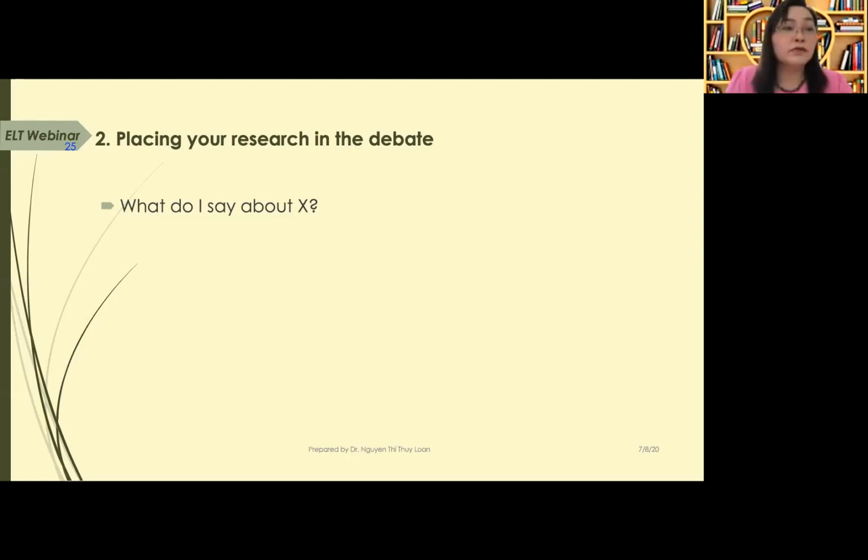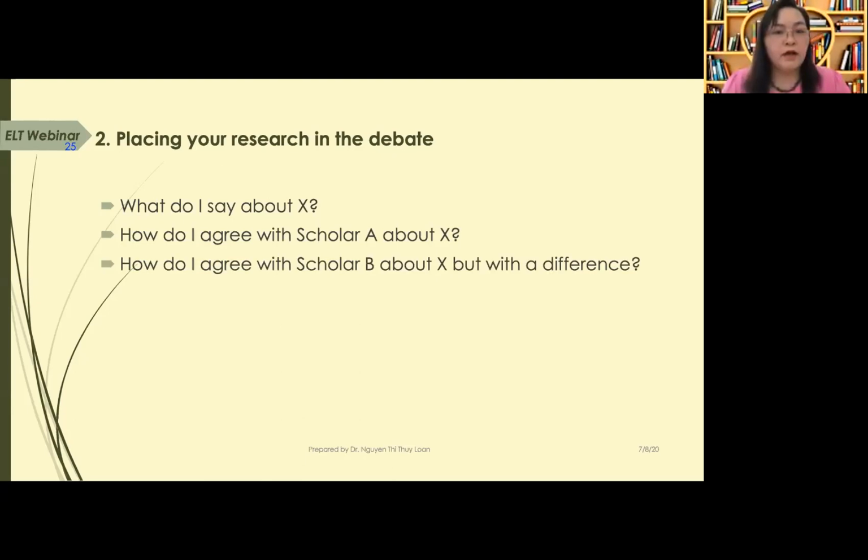And some also say yes, it's beneficial to students. So that's why you yourself need to know what you think about that topic, that theme, or that theory. Okay, so what do you say about topic X, for example? How do you agree with scholar X who talks about this topic? How do you agree with scholar B who talks about this topic, but differently?